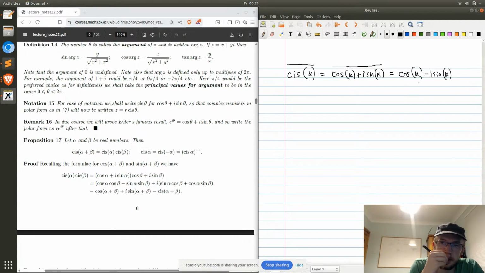Okay. And let's think. Now, a fundamental property that we're permitted to take for granted.